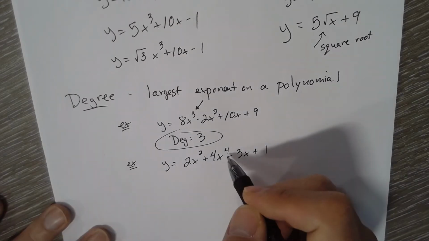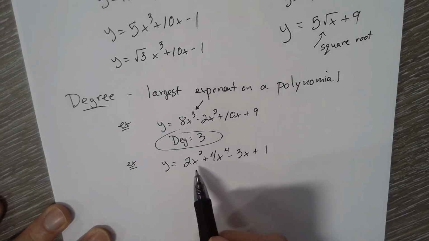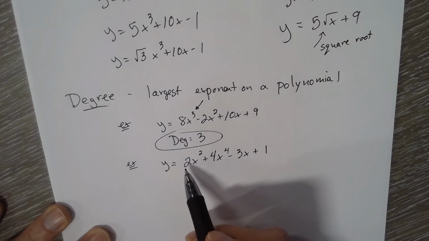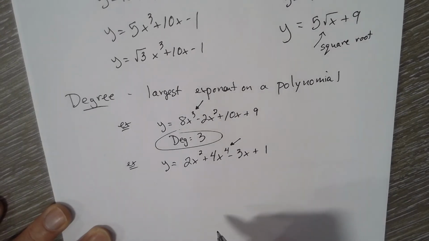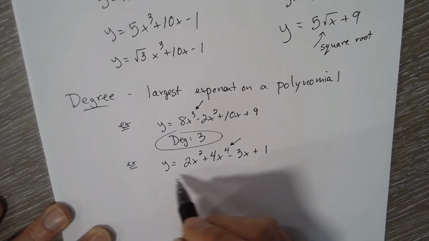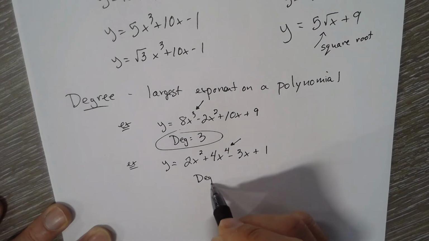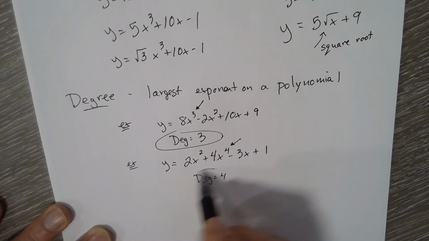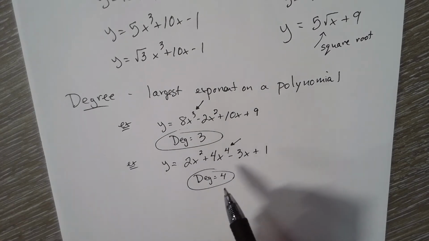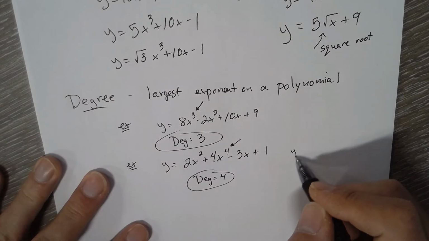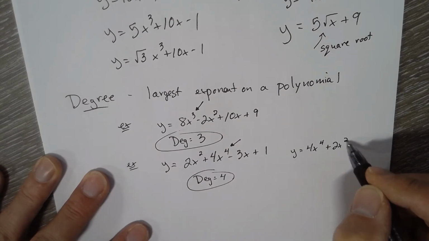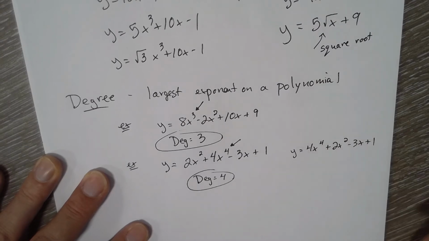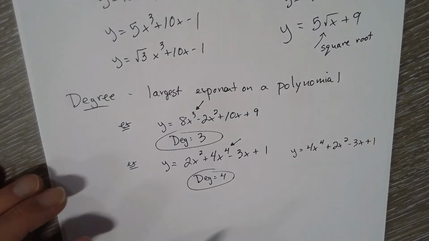Very good, because that is still the largest degree. A lot of times it's going to be the first term that has the largest degree, but in this case it's not in the right order. So the degree is 4. A lot of times I might ask you to put it in the right order. So descending order, you would just put the largest first, then the next largest, and so on. Okay, so the degree is 4.